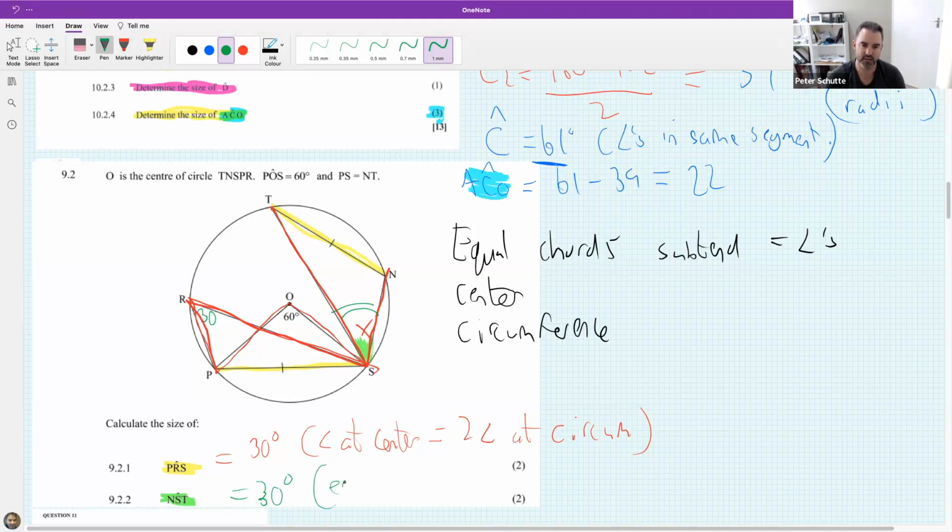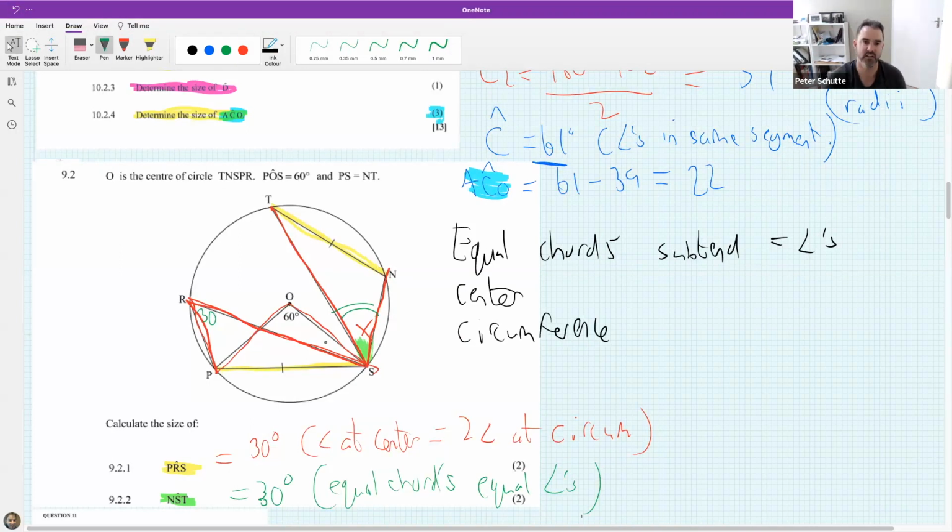And the reason is going to be equal chords, equal angles. So when you have chords that are equal, they will give you identical angles at the circumference. And also they'll give you identical angles at the center.